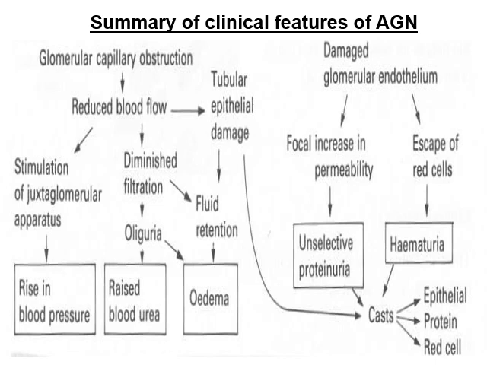Then we're going to have the RAS system, which leads to a rise in blood pressure and increased sodium and fluid retention. Okay, and when the endothelium has been damaged, we're going to see a focal increase in permeability, proteins are going to be lost, and red blood cells are going to escape, but they are going to what? Be damaged somehow and then form casts.